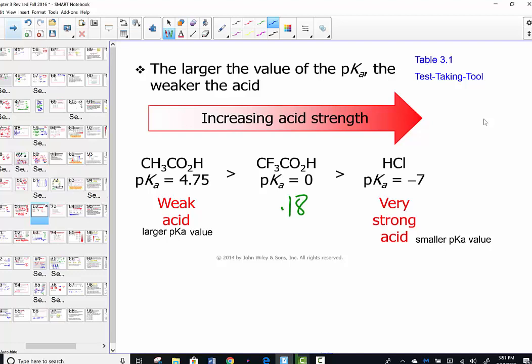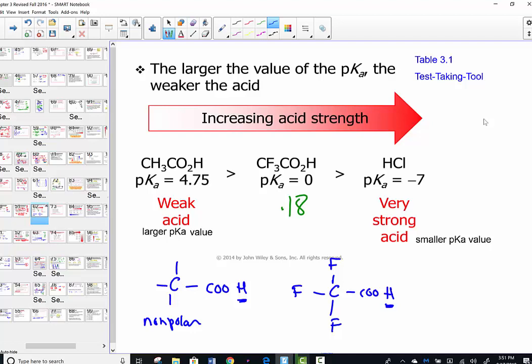A moment ago we said I had these hydrogens on the carbon and then a COOH. Here's the acid hydrogen. This was a nonpolar region. We replaced those hydrogens with fluorines. What happens to that acid hydrogen?